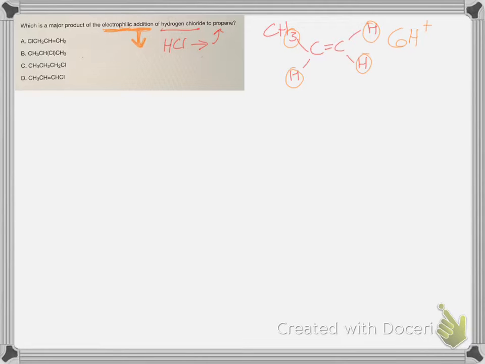And the second thing we realize is that this CH3 group creates an asymmetric, that's not how you spell it, asymmetric alkene.